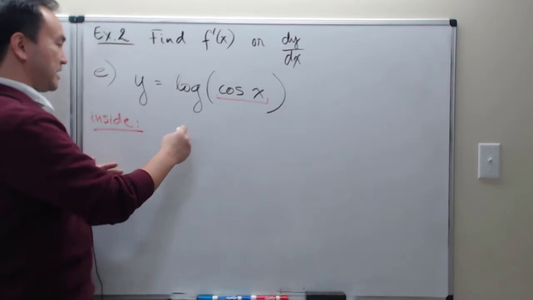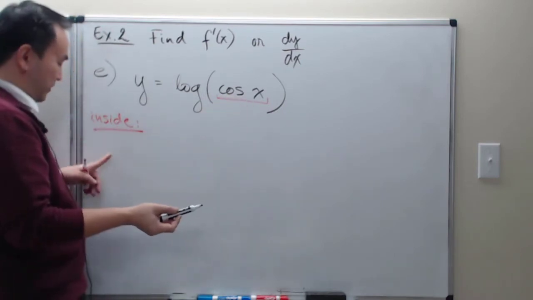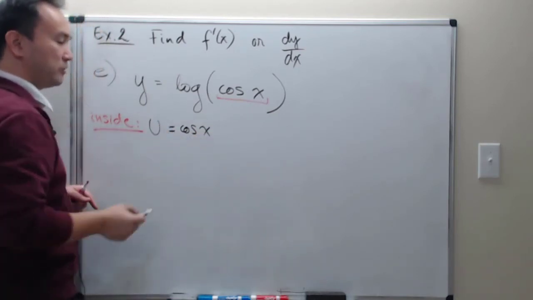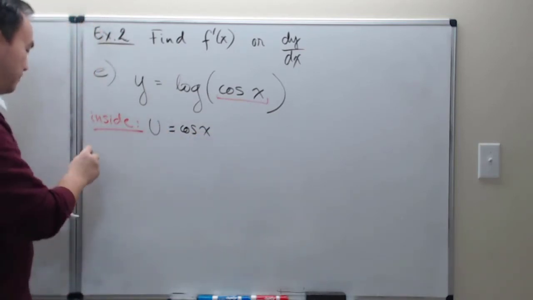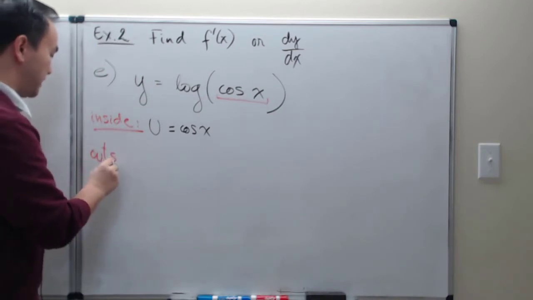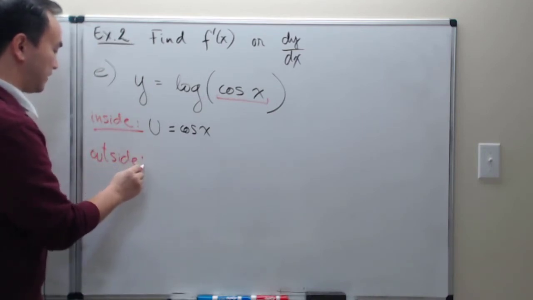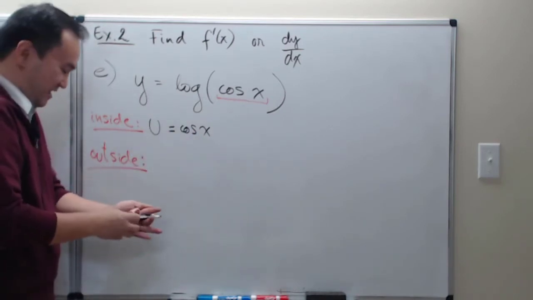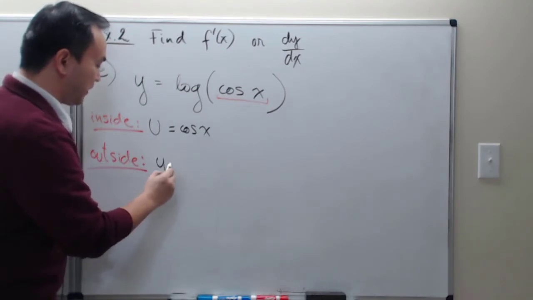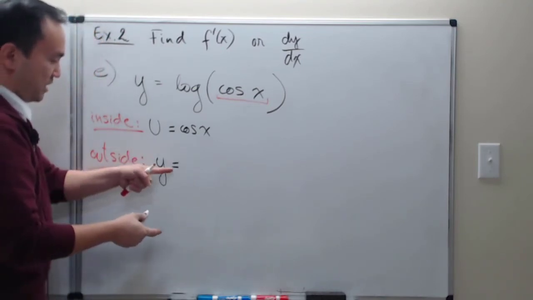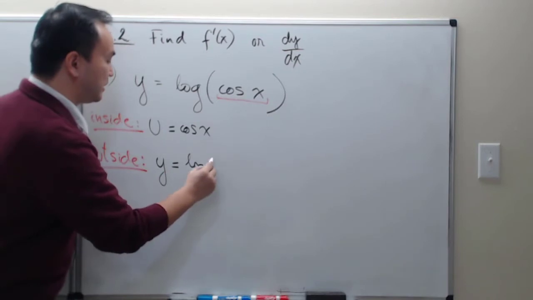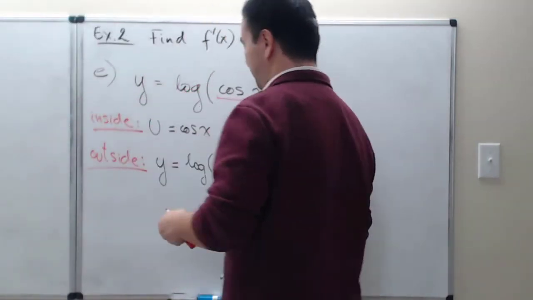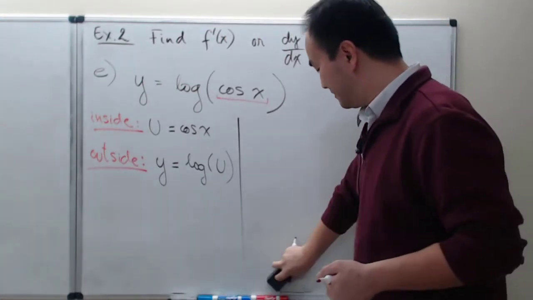So recognizing my inside to be the cosine of x, according to my recommendation, then I'm going to treat cosine of x as a variable u, and so that means my entire function now appears as following, and I regard that final expression after substituting away the cosine of x to be the outside function. So now here's my expression for the function: y equals log base 10 of u. Okay, so that's how I track down my inside and outside function.